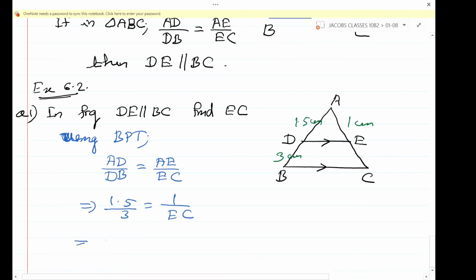So 1.5 into EC is equal to 3 into 1, that is EC is equal to 3 by 1.5, which means 2. 2 centimeters is the answer.